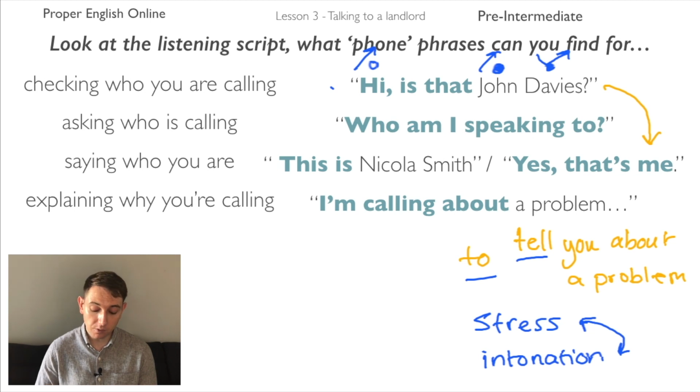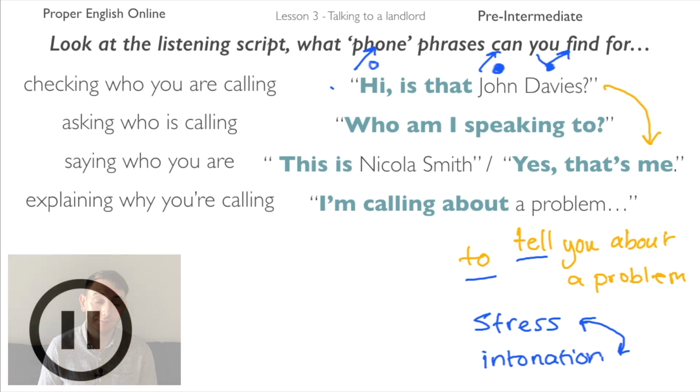Now, in this, we've got some polite intonation. And at the end, we're going to go down, up. So, Davies. Again, let's try it together. Hi, is that John Davies? All right, very good. How about the rest of them? What words are we going to stress? And what's the intonation like?